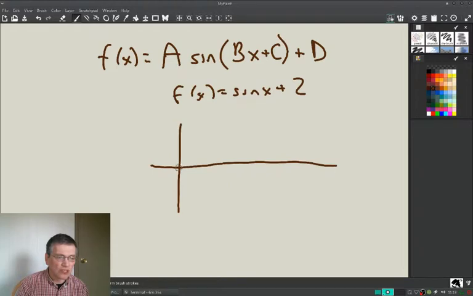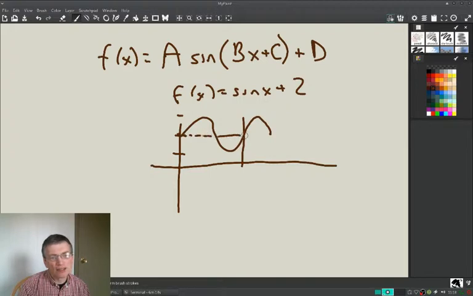So where it was 0, it's now going to be 2. Where it was 1, it's now going to be 3. So it's going to go up here, down here. Where it was minus 1, it's going to be 1. And this is going to be 1 period here. So this is the new midline, and in fact we call D just the midline.